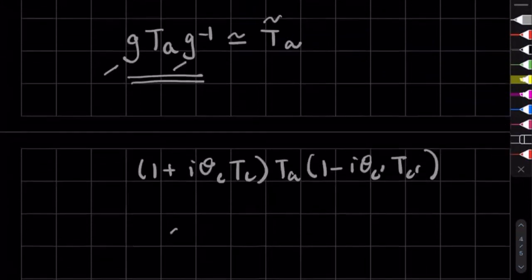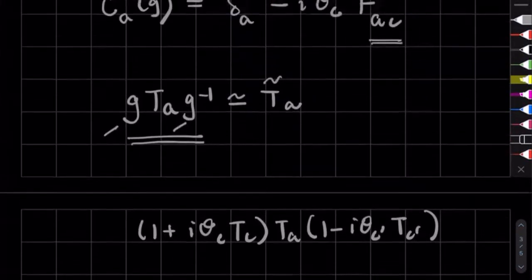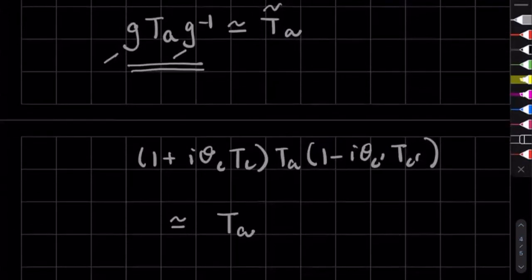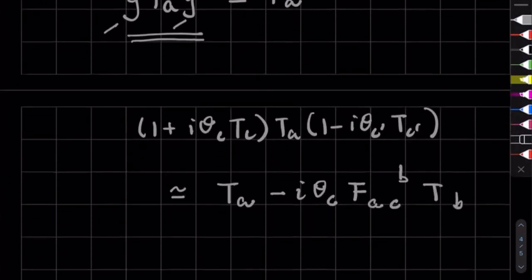On the right-hand side, I can write this as T_A minus i theta^C f_ACB T_B. We keep terms until first order in theta, and the second order terms we can ignore.